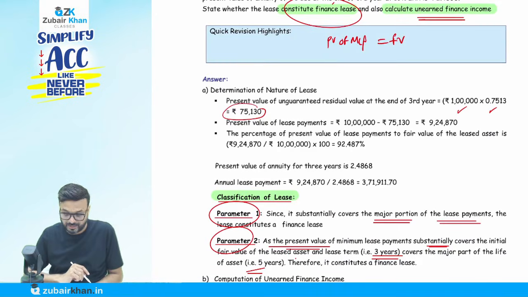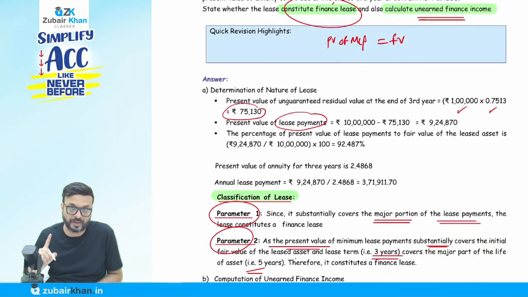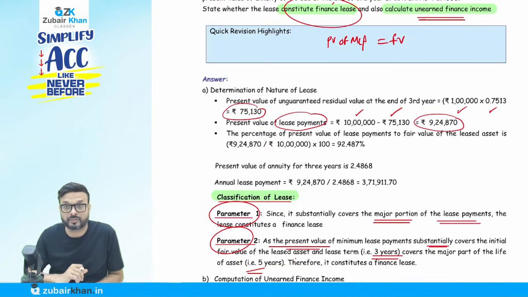So what is the present value of the lease payment? Because the lease payment does not cover the unguaranteed residual value. The total amount, the fair value, is 10 lakh. If I remove the 75,130, which is the present value of the unguaranteed residual value, this is the present value of the lease payment.